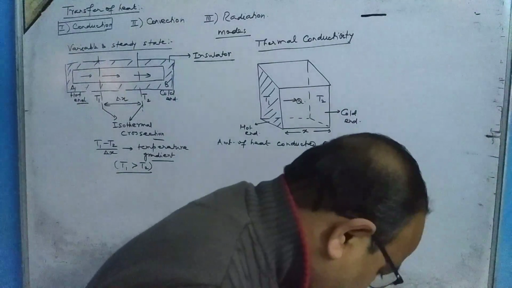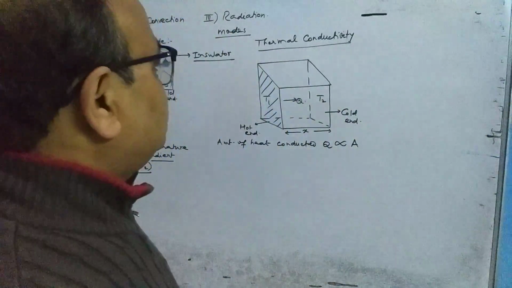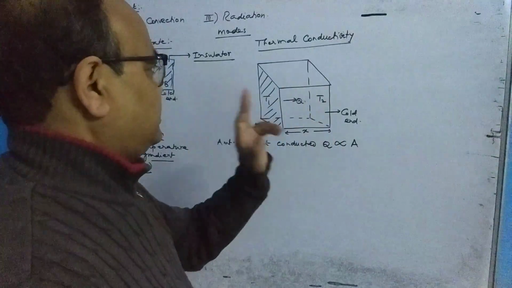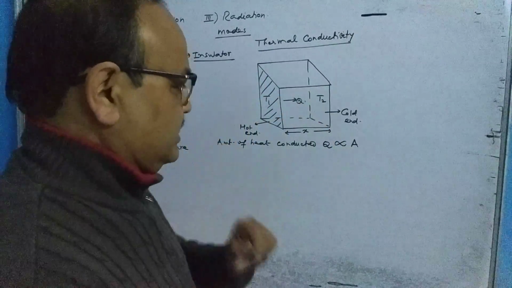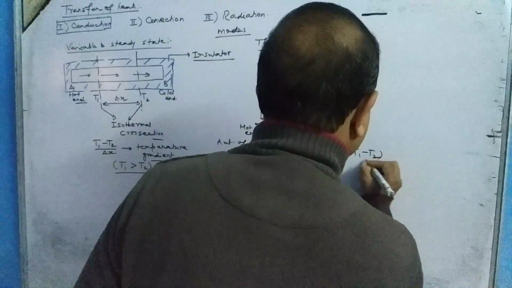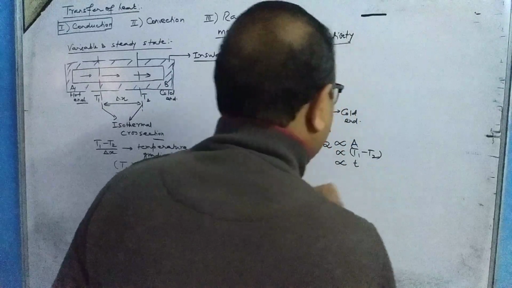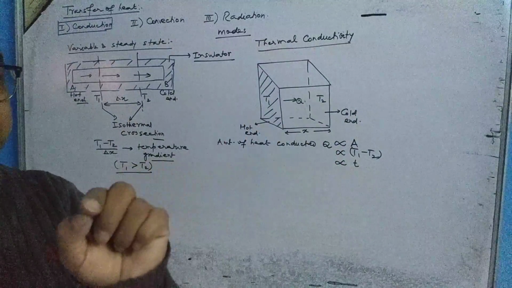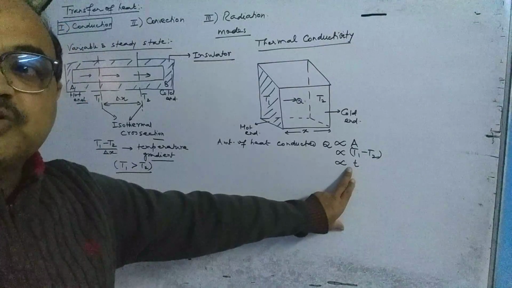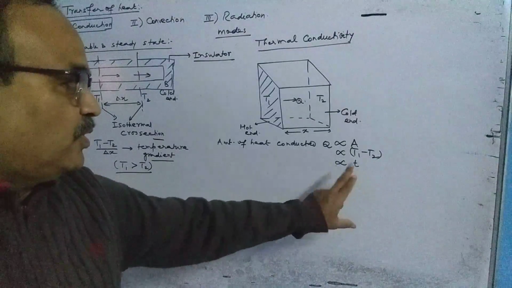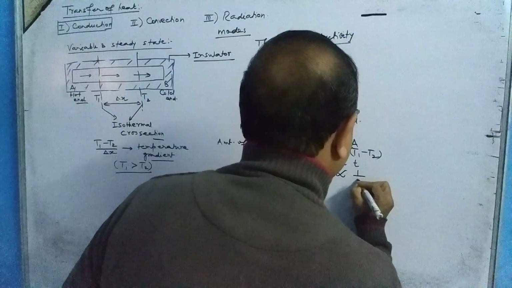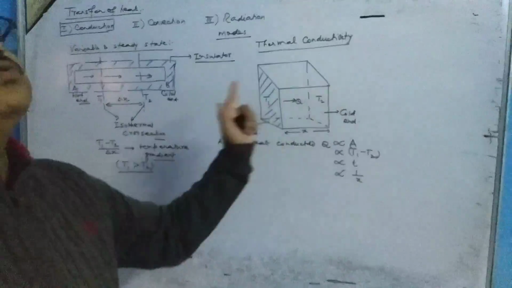It is directly proportional to the cross-sectional area of the surfaces between which the heat is conducted, this surface and this surface area. Directly proportional to the temperature difference. Directly proportional to the time duration for which the heat is conducted, definitely, and inversely proportional to the distance between the two surfaces.